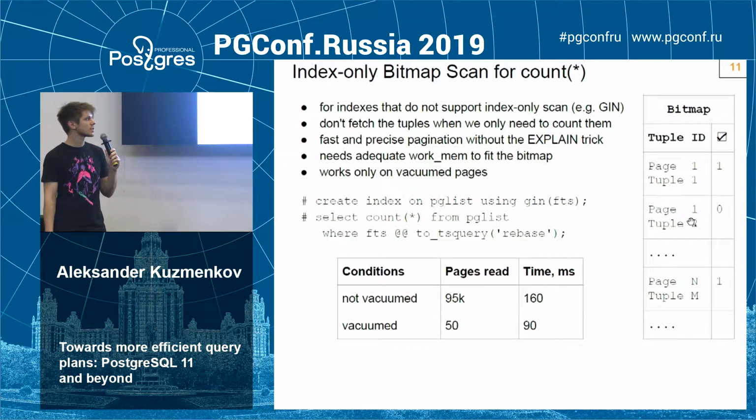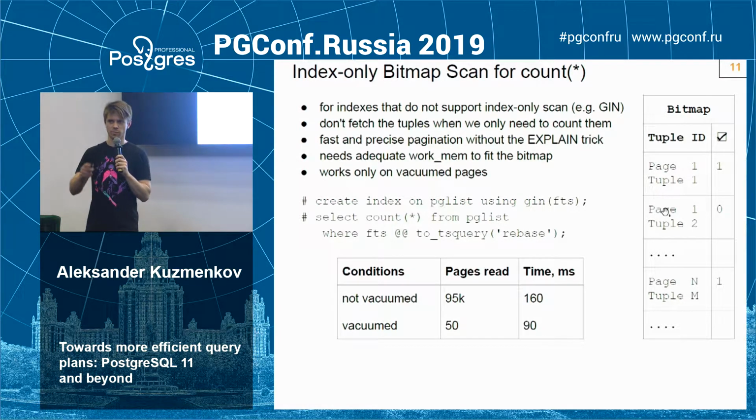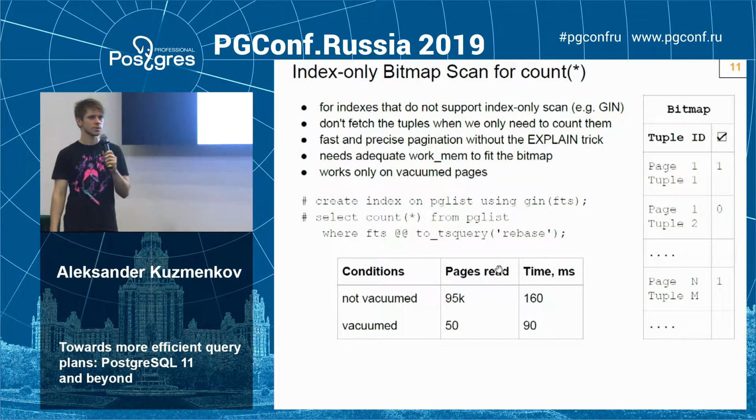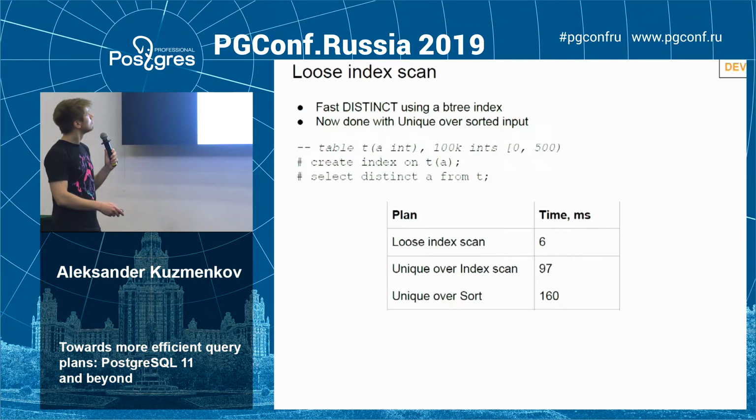You will have the ones not for every line but for every page, and in this case we cannot count the number of lines matching the requirement. And this means that you need to increase the work_mem. In explain, you can see this from the buffers line. If you just write explain analyze buffers, it shows the number of pages we read. You can easily see whether we are there or not.